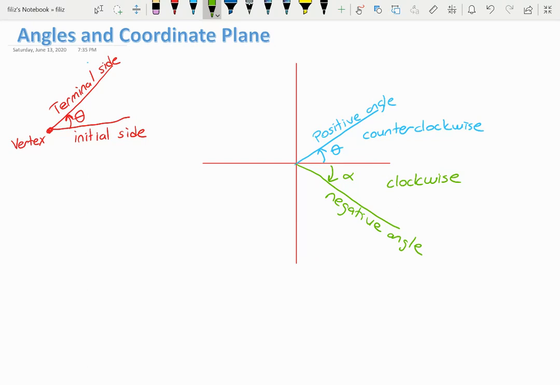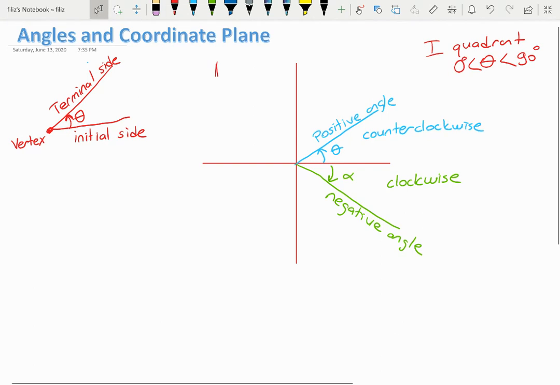Okay, so continuing to talk about the coordinate plane. This is my first quadrant, which means our theta or alpha, whatever we call the angle, is between 0 degrees and 90 degrees.